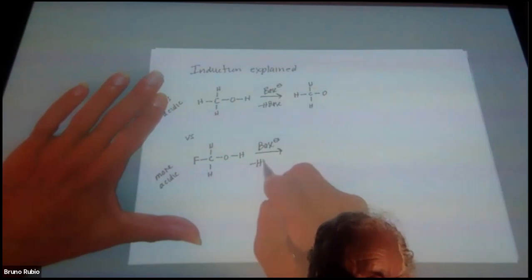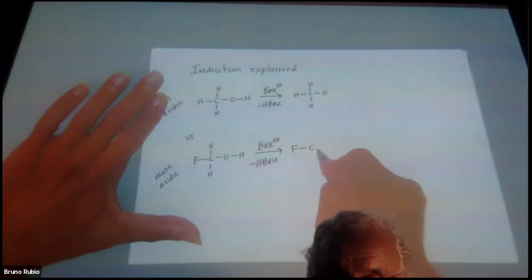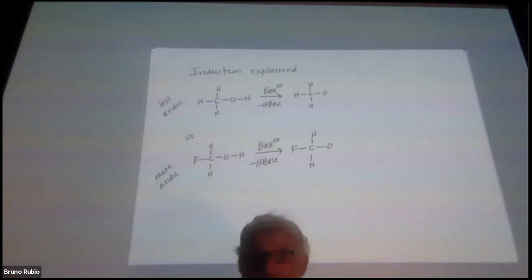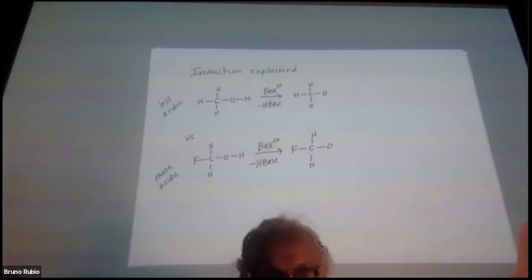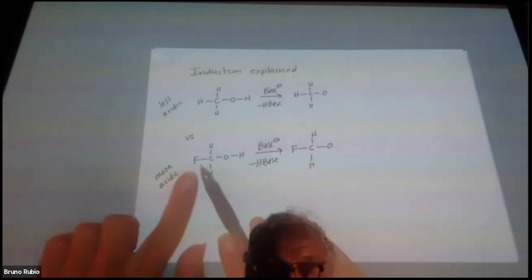When we add a base to this guy, once again, we're going to get removal of the most acidic proton. I'm not finished drawing that structure. I need to add a negative charge on it. And I've withheld drawing that negative charge for a reason, and that is, see, fluorine is electron withdrawing.